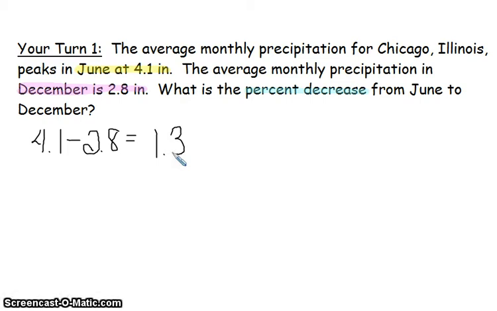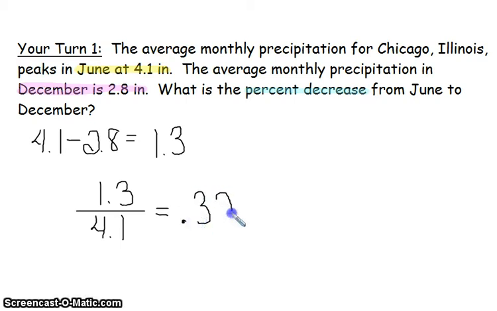And it's just a ratio. Our amount of decrease is 1.3, and our original amount was 4.1. So just like we did on the last problem, we just need to divide 1.3 by 4.1, and again round to the nearest hundredth, and that's going to give you 0.32.